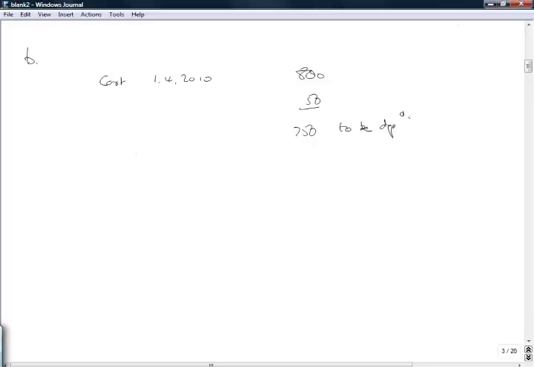With straight line depreciation over 5 years, it's 150 per annum. So we've got 800 to start with. We depreciate it for 2011, which brings it down to 650. We depreciate it for 2012, which brings it down to 500.